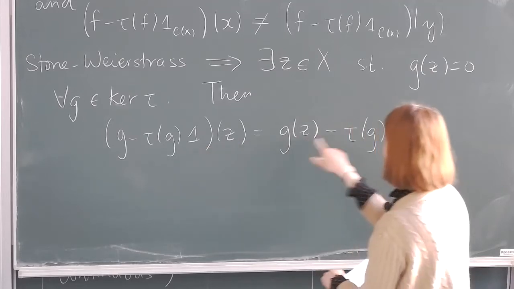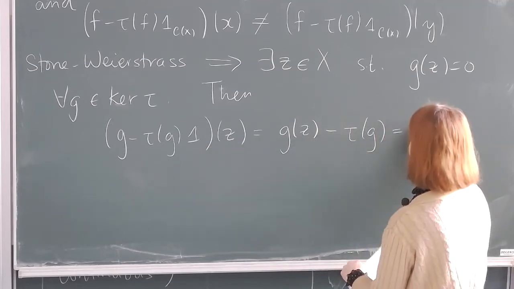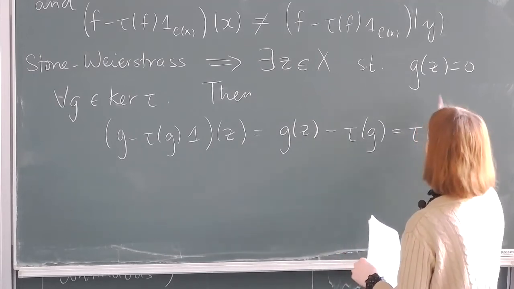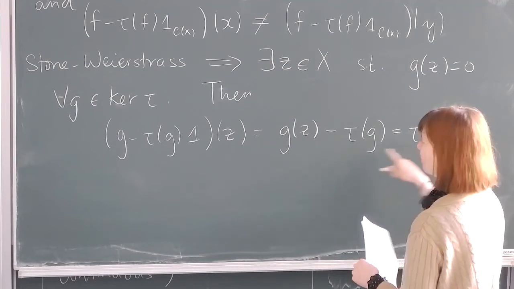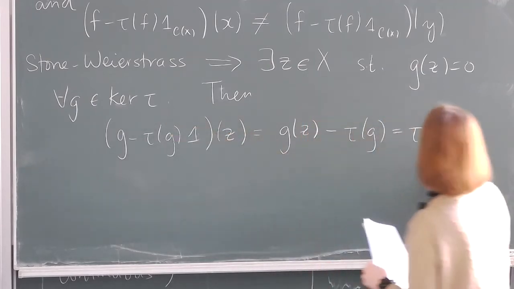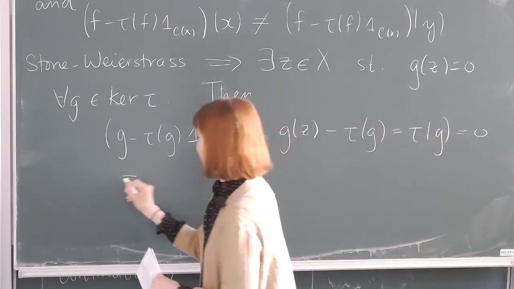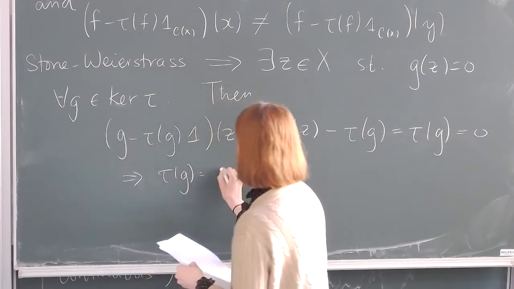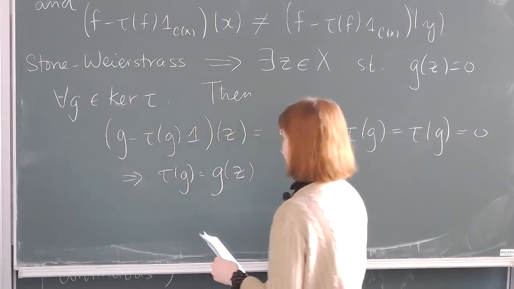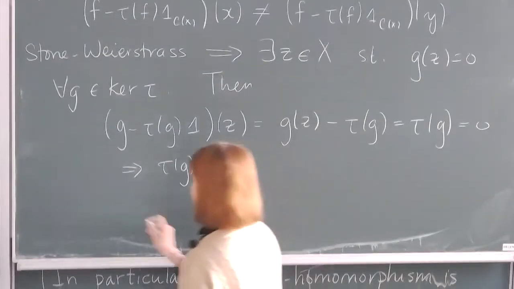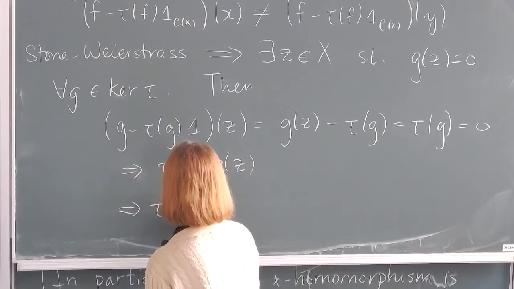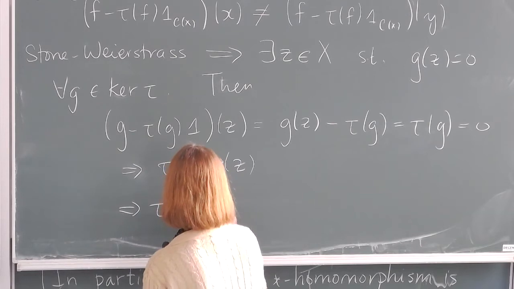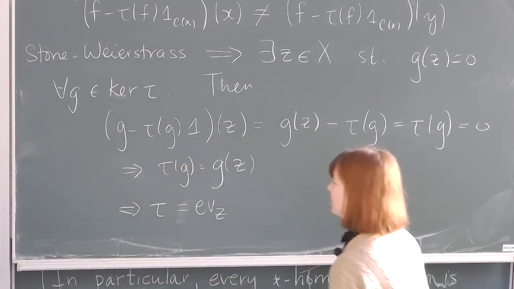Evaluating this function at z gives us tau of g. Since g of z is 0, and this is 0 because g is in the kernel. So that tells us that tau of g is g of z, and thus that our character is evaluation at z.